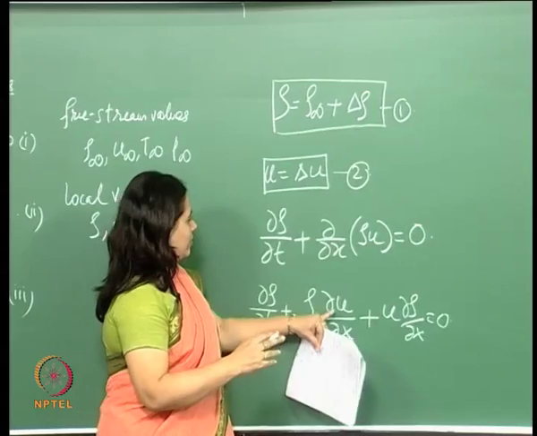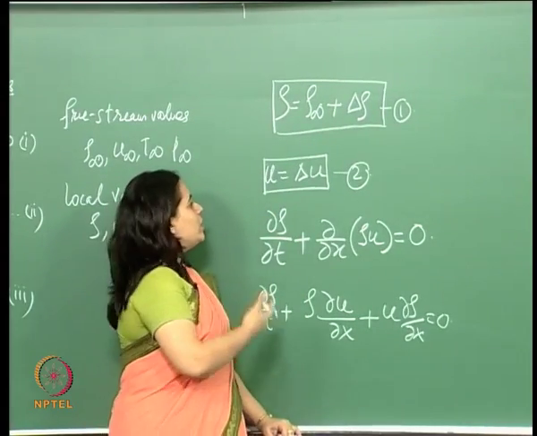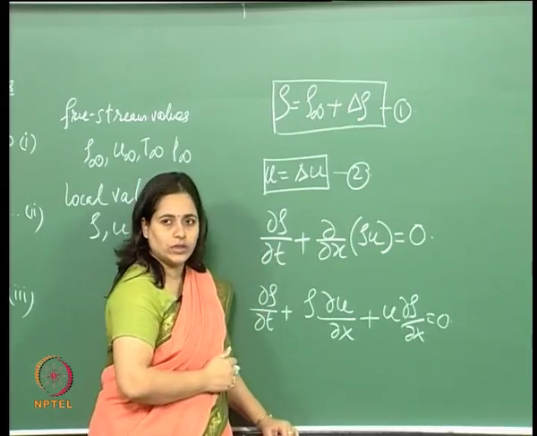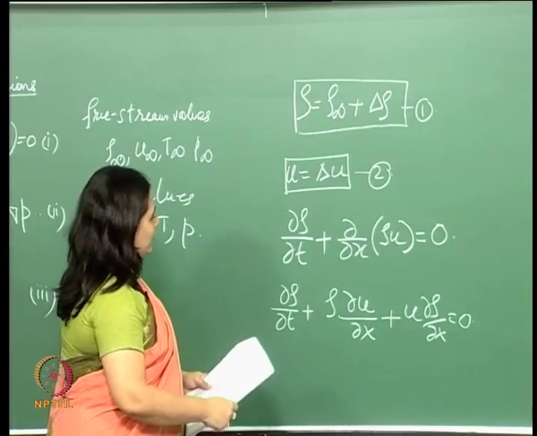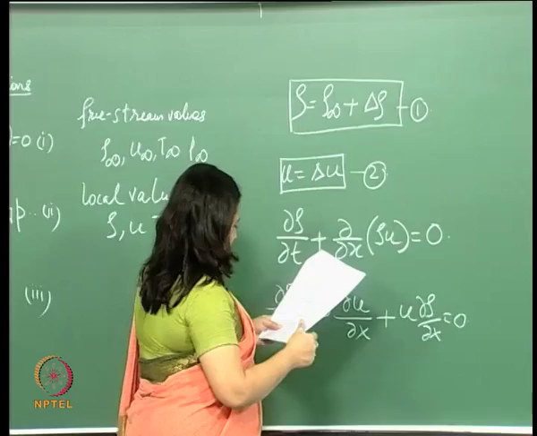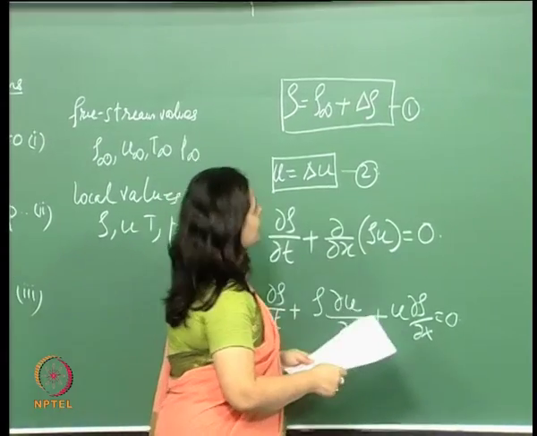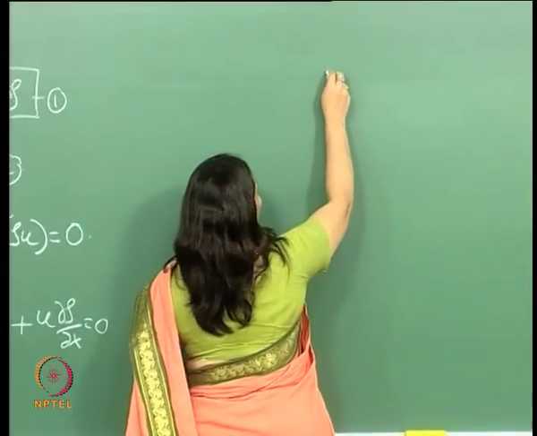And the velocity of course, the ambient is undisturbed. So, then we have u is equal to delta u, right. If I do that, then what do I get? Let us write it here.